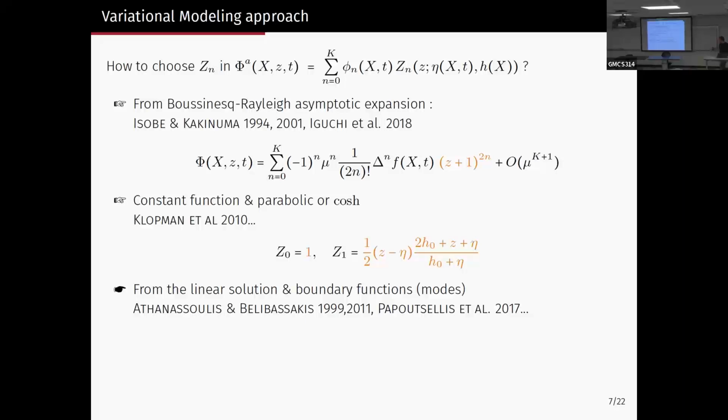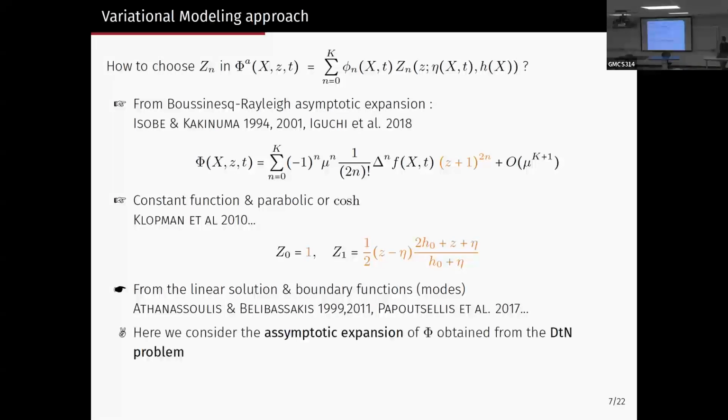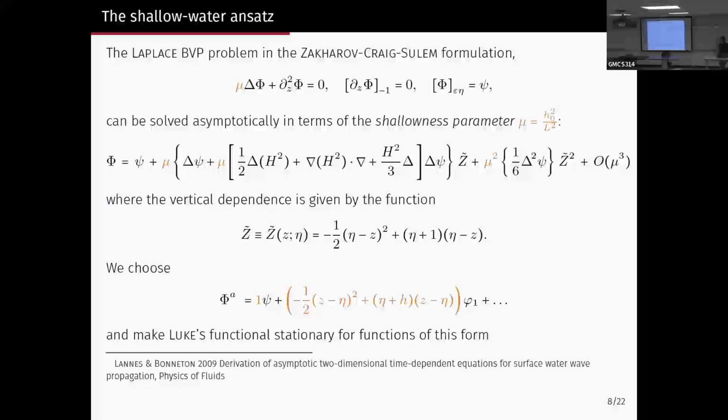But 5 to 7 is considered a lot when you have to solve very large 2D domains. So here I'm trying to do something that doesn't need a lot of PDEs to solve. So what we did, this expansion was initially derived by Lannes and Bonneton in 2009.